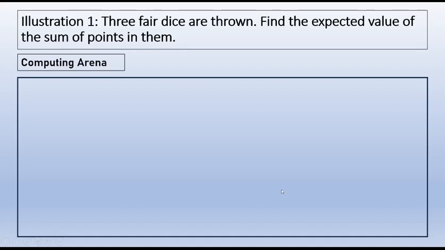So the first illustration says that three fair dice are thrown. Find the expected value of the sum of points in them. First we understand what a die is. We know that if a die is thrown, there are six faces, and any one of them will turn up. So let x be a random variable which represents the outcome of a die throw.